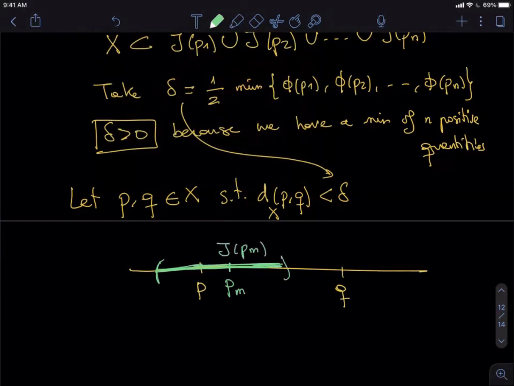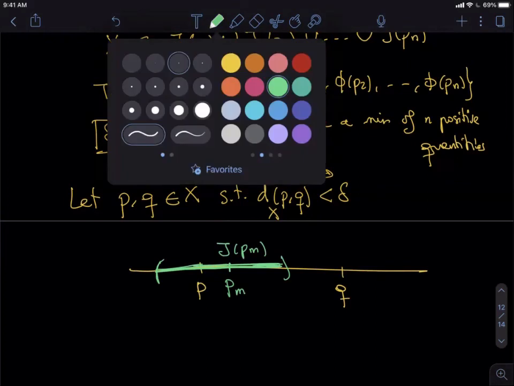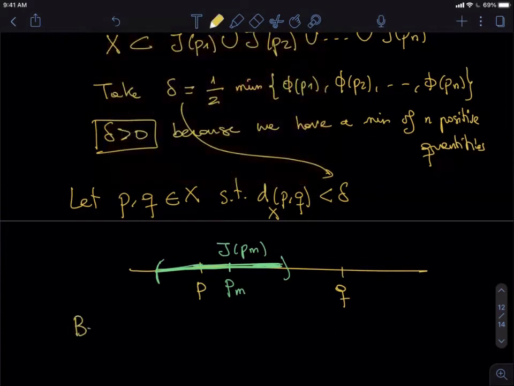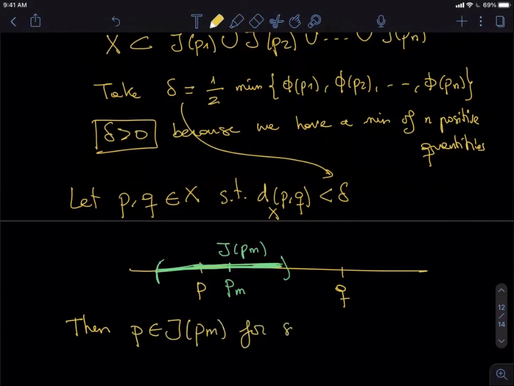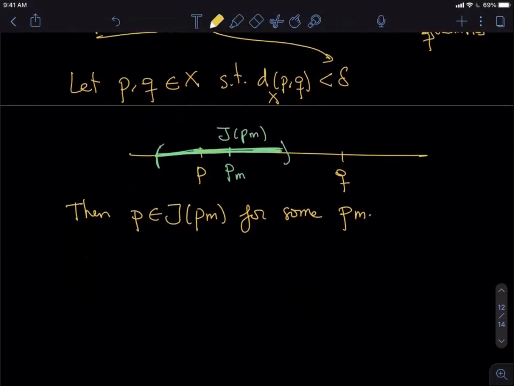So there is some Pm such that P belongs to that neighborhood, because it's a covering. So then P belongs to J of Pm for some Pm of the ones that we selected for the subcover.